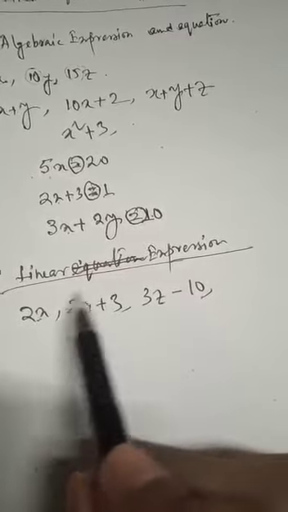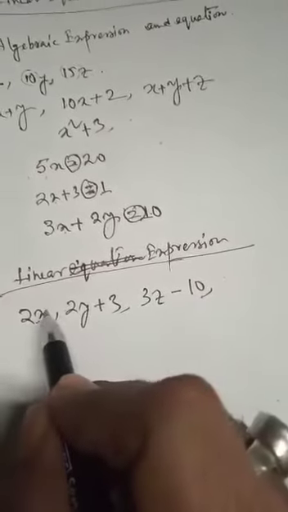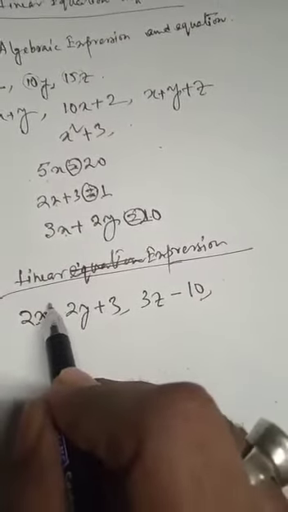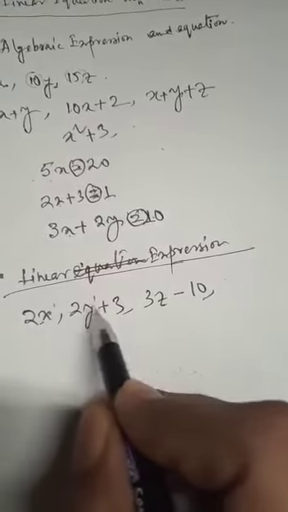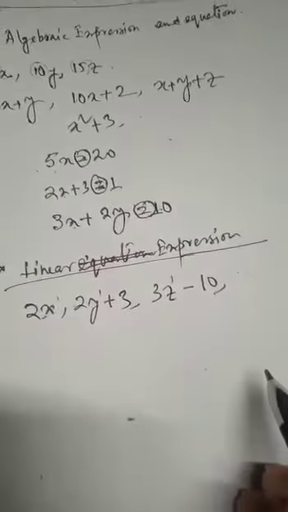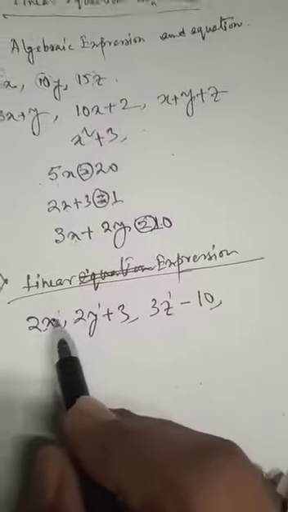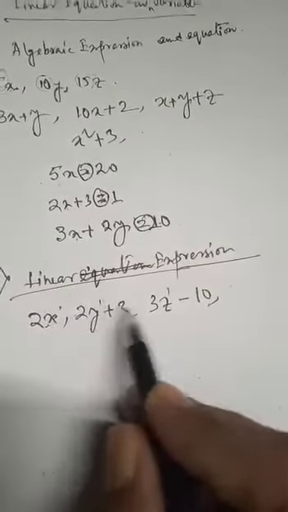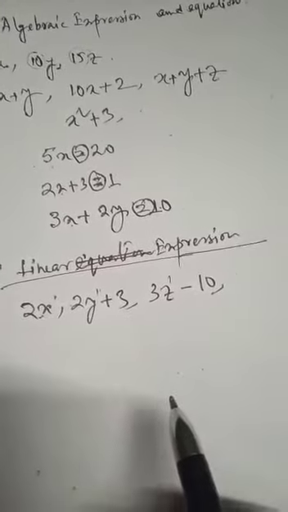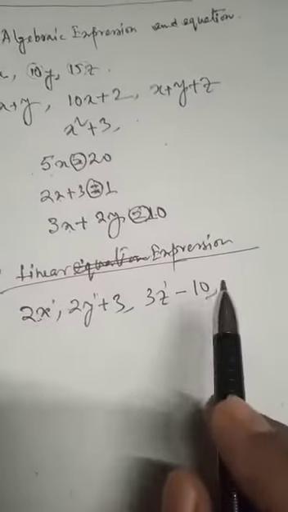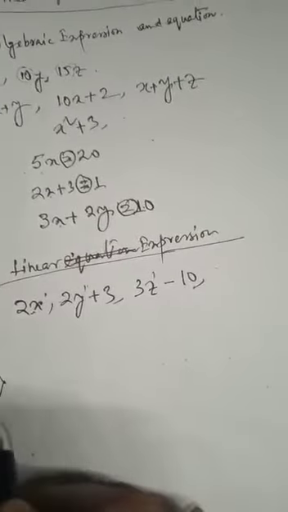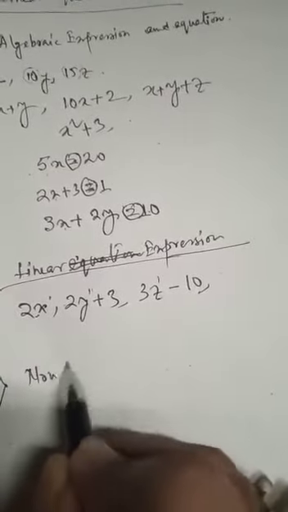Why are these linear expressions? Because in the variables the power is 1. Every variable's power is 1. When the power of the variable is 1, then we say it is a linear expression. And what is a non-linear expression?